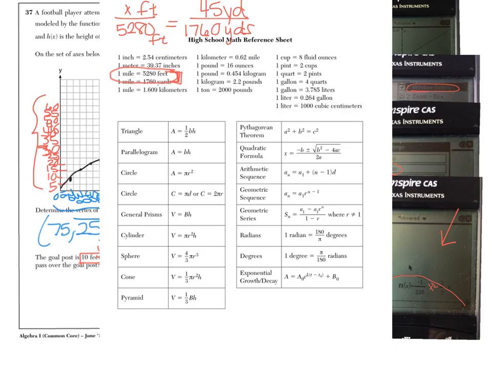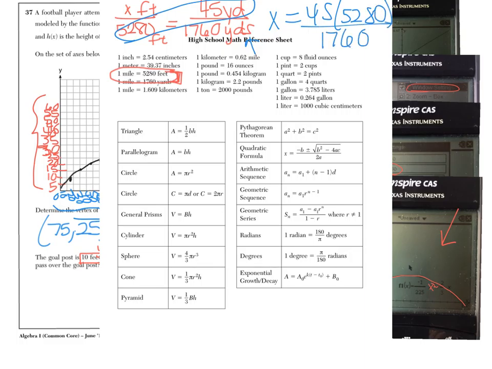You're going to cross multiply in order to solve for x. The only thing you're going to multiply actually are these two, and then divide by this. So x is equal to 45 times 5280 divided by 1760. And we get 135 feet.